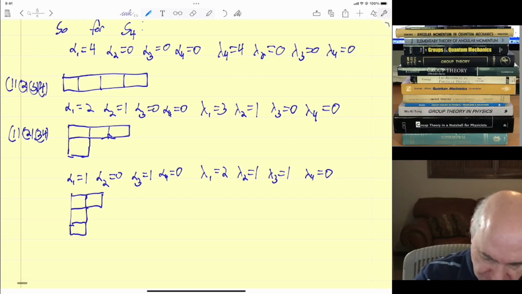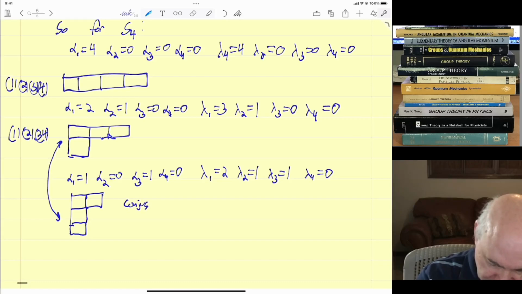And these two diagrams here are called conjugate diagrams. If you flip them over, you can see how one becomes the other one. And the sample permutation that this corresponds to would be this.